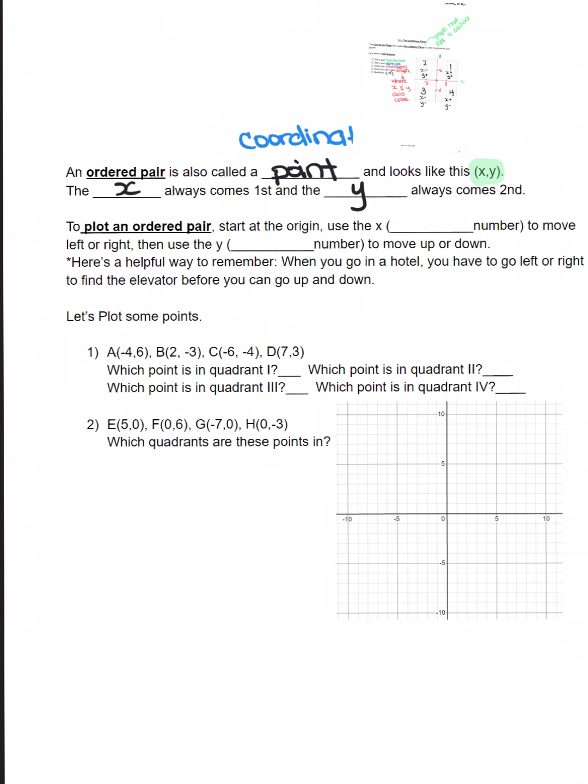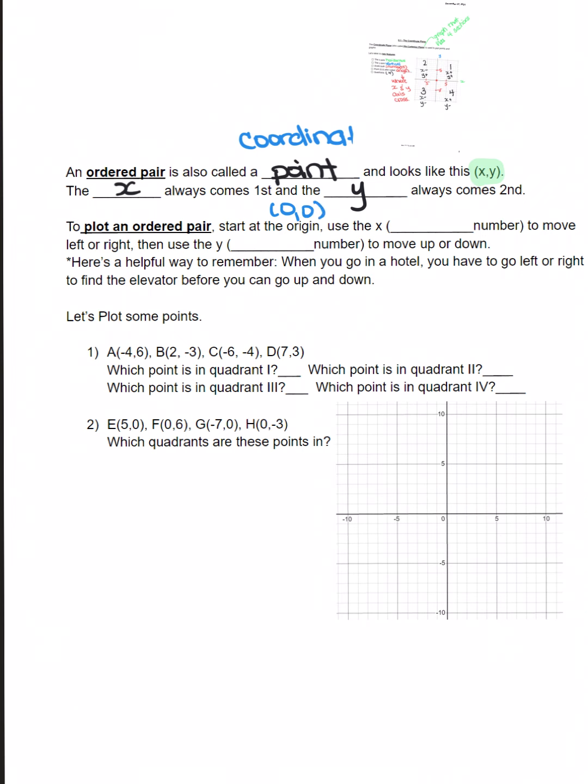So when I'm plotting this, when I'm graphing this, I'm going to start at the origin. I'm going to start at 0, 0. Remember that that's my fancy word for where my X and my Y cross, 0, 0.